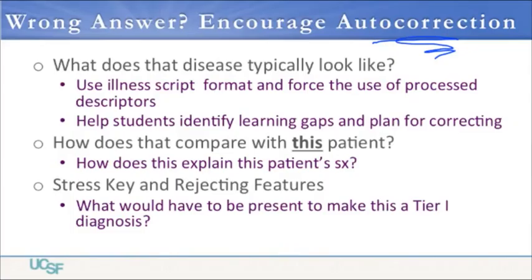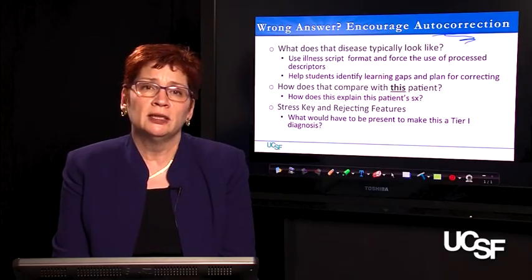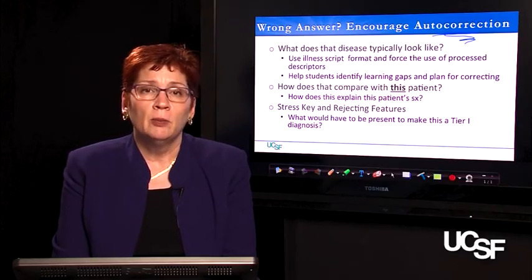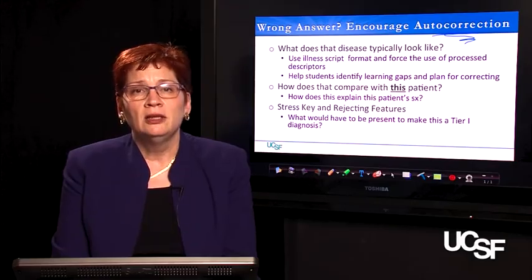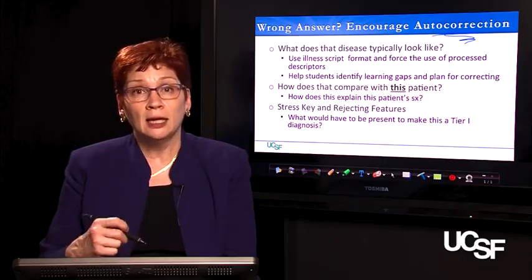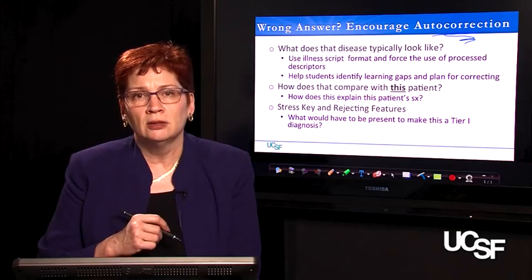This helps the student identify their learning gaps and also plan to correct them. After all, if the student knows what the time course and classical signs and symptoms are of a particular disease, but doesn't understand the epidemiology, then you know you have to send them back to read about the epidemiology of that disease in contrast to other diseases that are being considered in the differential diagnosis.